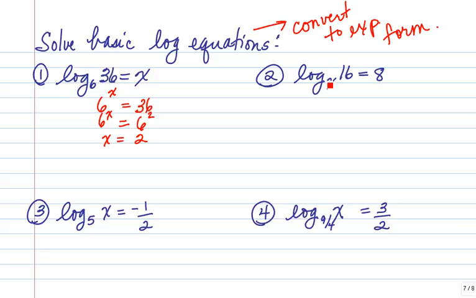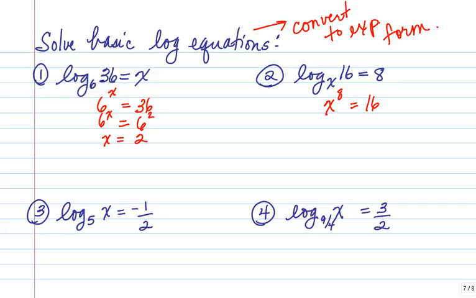What about log base x of 16 equals 8? So that means x to the 8th power is equal to 16. Well, do you recall how to solve that? To get rid of the 8th, we can do 1 over 8.